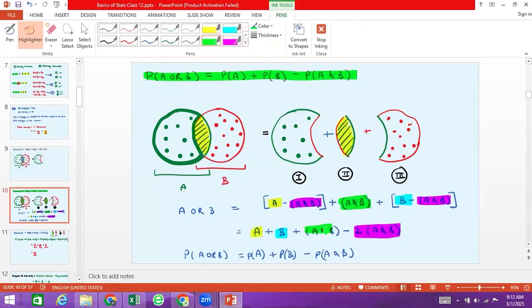This plus A and plus AB you can see over here. Okay. So if I rearrange it, what will we get? We will get A plus B. And if you solve this, we will get minus A and B. Right? So probability of A or B is equal to probability of A plus probability of B minus probability of A and B.